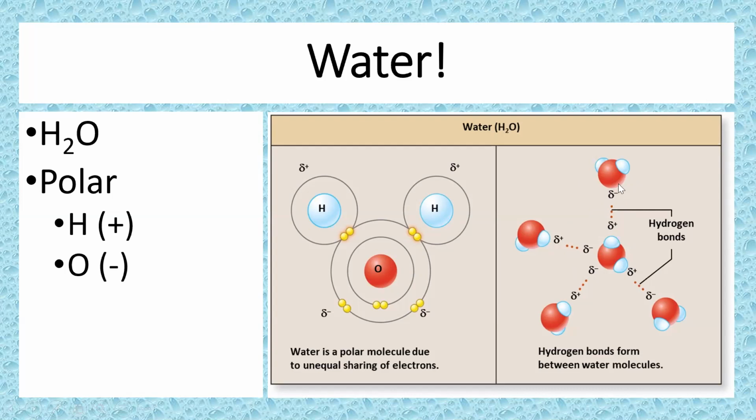And the ability to form hydrogen bonds is what gives water its amazing property, okay? So you can see that we have the partial positive hydrogens attracted to the partial negative oxygen, and that is what results in the hydrogen bonding.